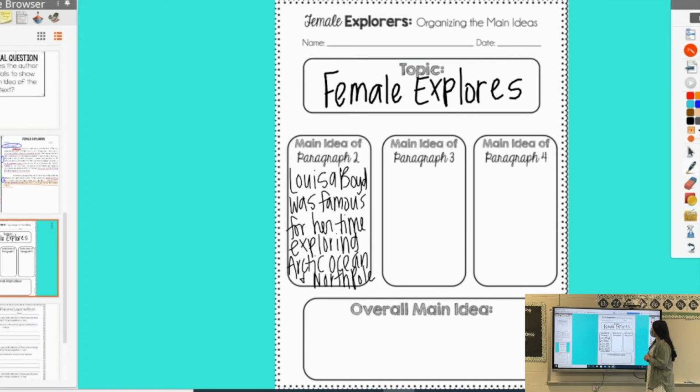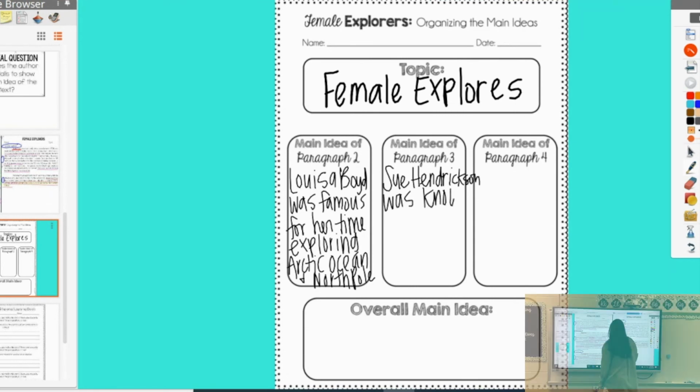Let's move on to the main idea of paragraph 3. I'm going to write Sue Hendrickson was known for what? What does the text say about what she was known for? She explored excavation and shipwreck sites.